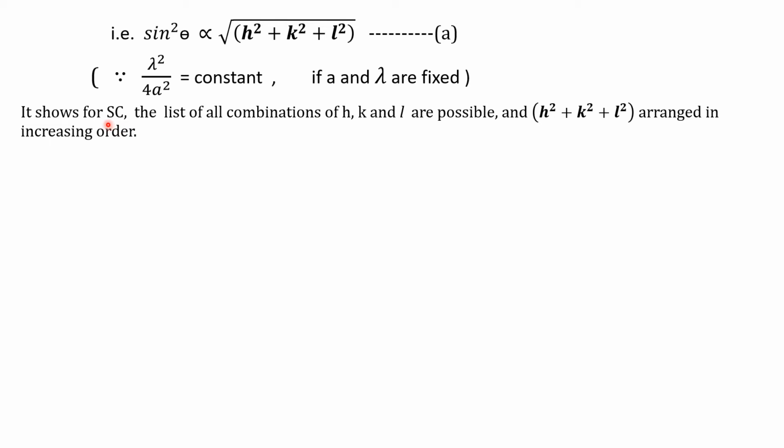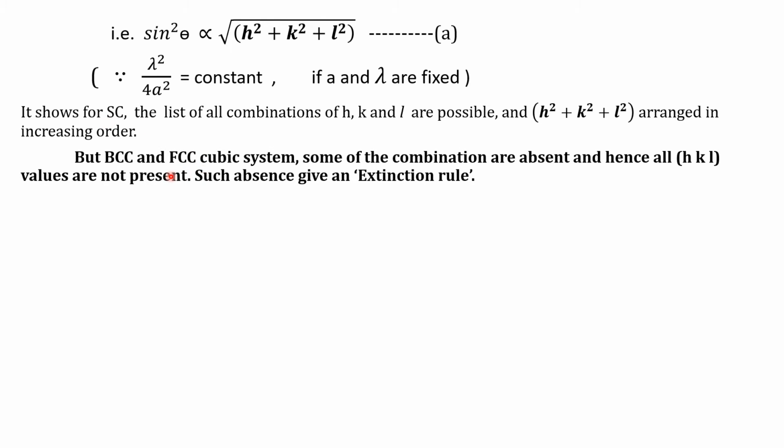But for other cubic systems like body centered cubic as well as face centered cubic, some of the diffraction lines are absent, and hence all hkl values are not present, so we cannot arrange all combinations of hkl in the case of BCC and FCC.